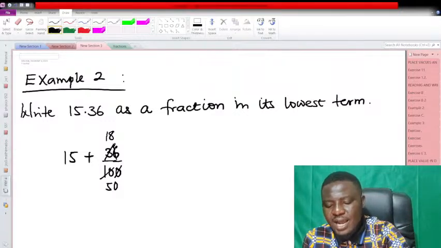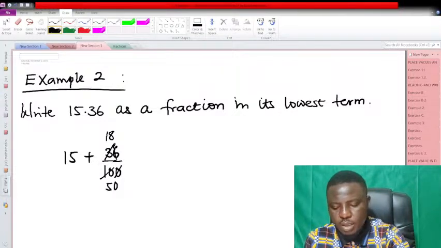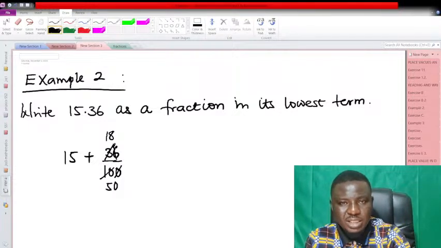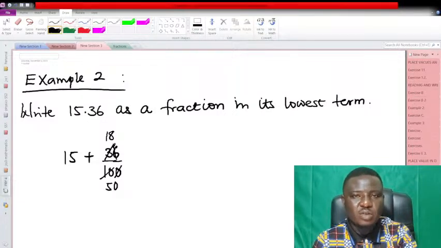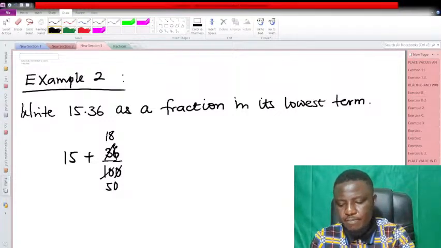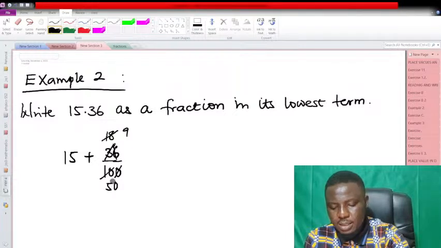I'm trying to simplify the fractional part to its lowest term, because that is what the question requires. So look for also a digit that can still divide. And if the first factor you have used can equally divide, you go back and divide again. So 2 into 18 is 9. 2 into 50 is 25.